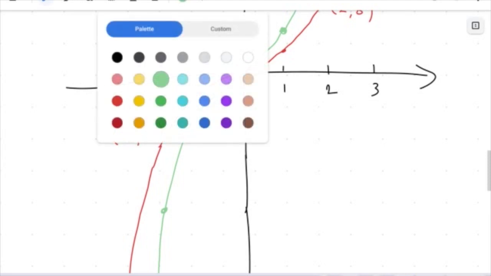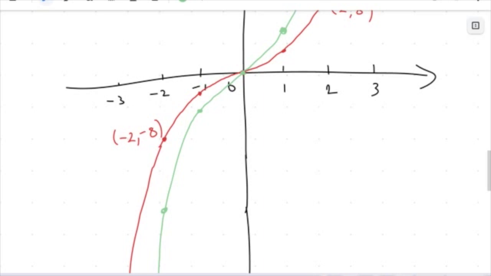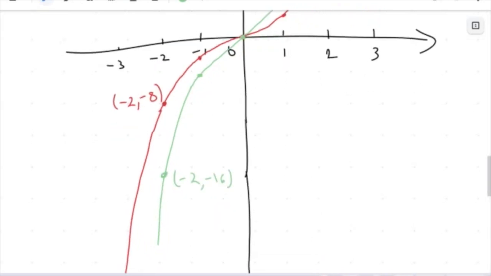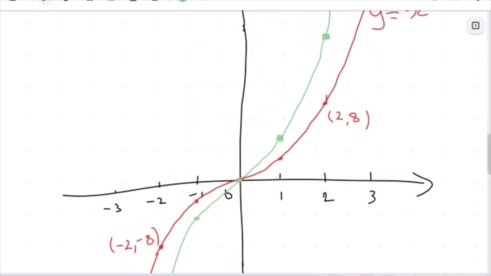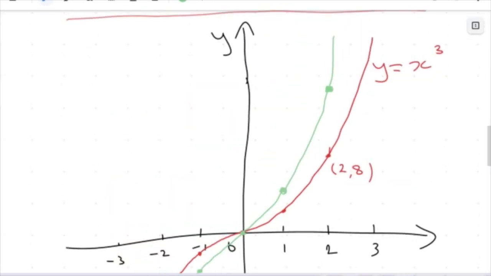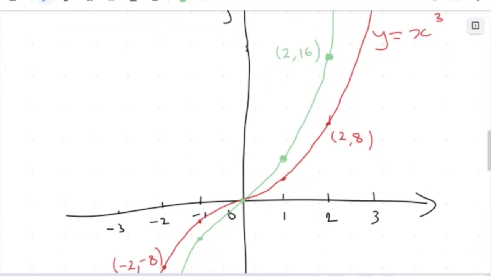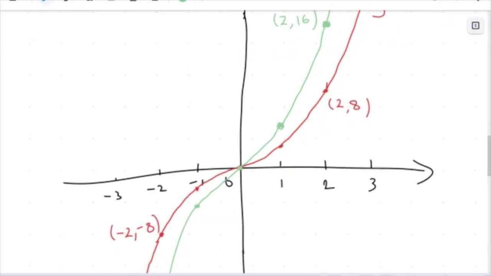But now I have scaled this up by 2. So the -8 becomes -16. Hence the graph is going to get a lot steeper in order to reach this point in time. And the same thing is going to happen here. I have 2 and 16. So the result is I get a much steeper graph.